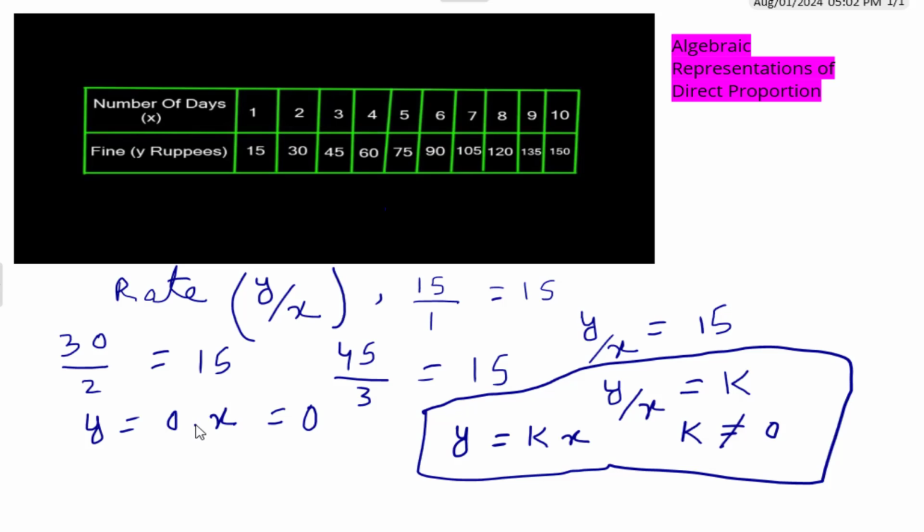So when k is equal to 0 in the direct proportionality equation, there is no relationship between x and y. They are simply independent of each other. This situation is often referred to as a trivial case in direct proportionality. I hope this answers the question.